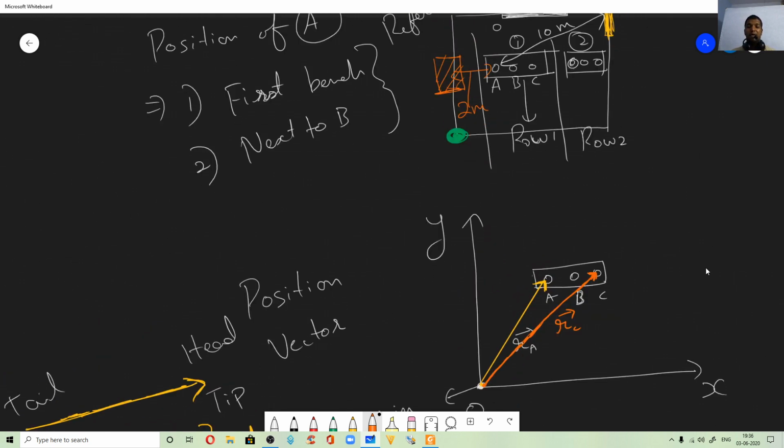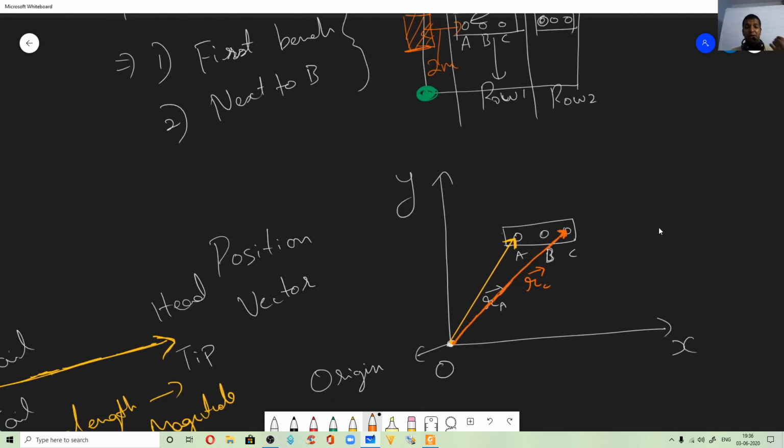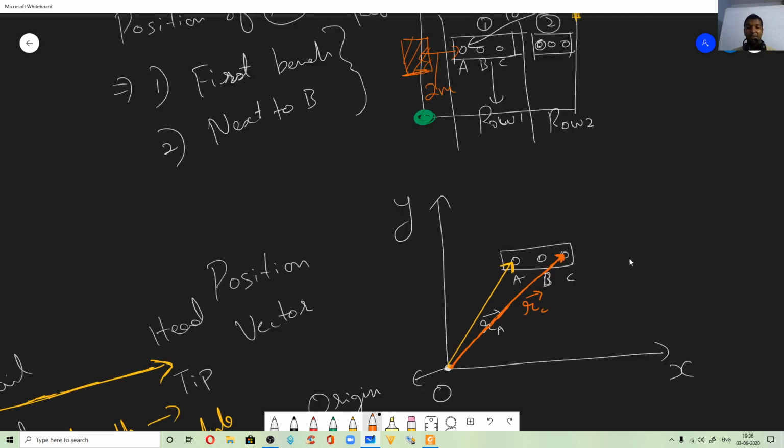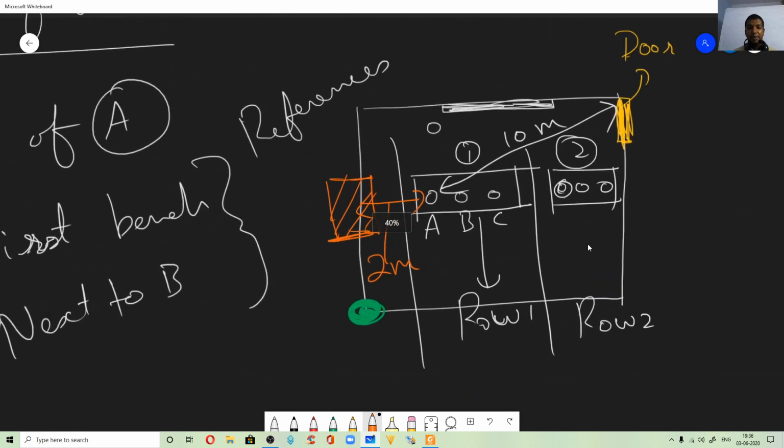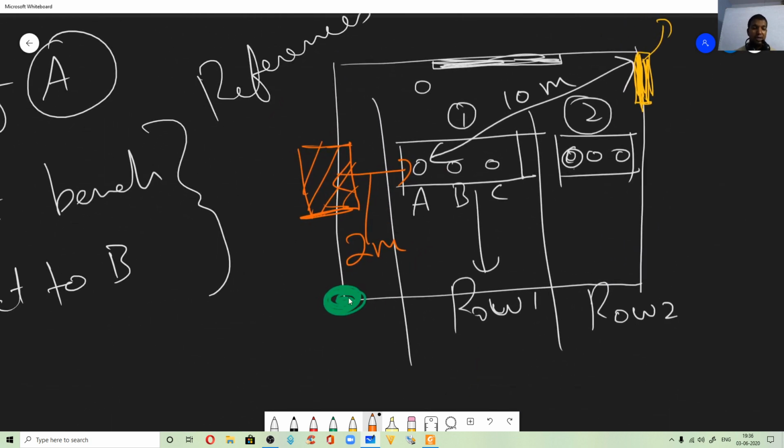Now you may ask, can't we take the reference as something else? Yes, obviously you can. In the same diagram, if you had chosen this as the reference, then before saying the position, you have to fix a reference.